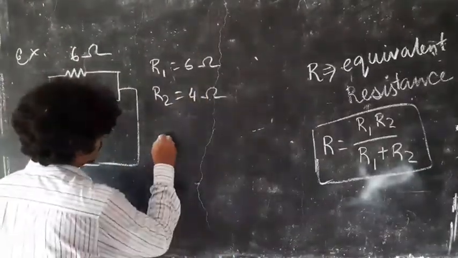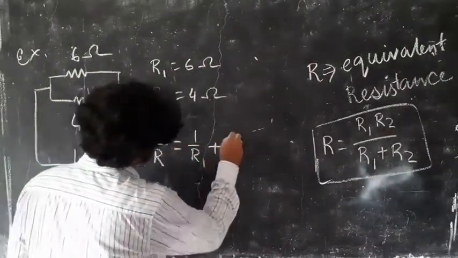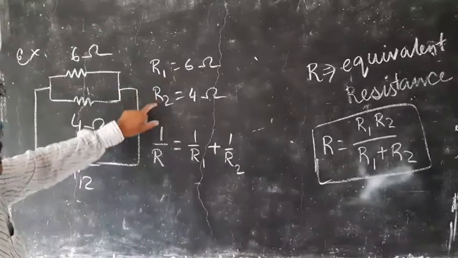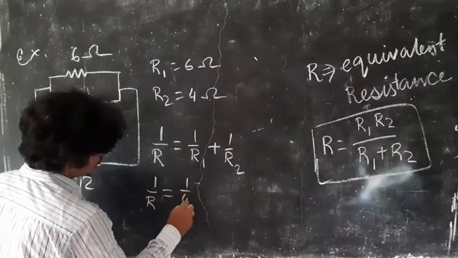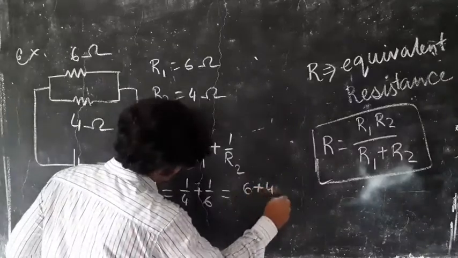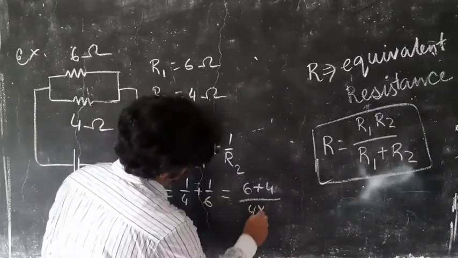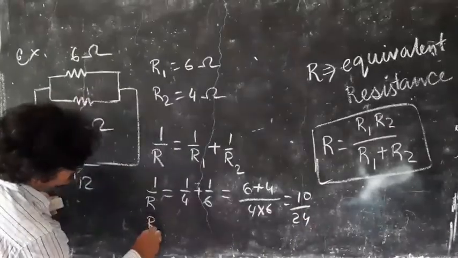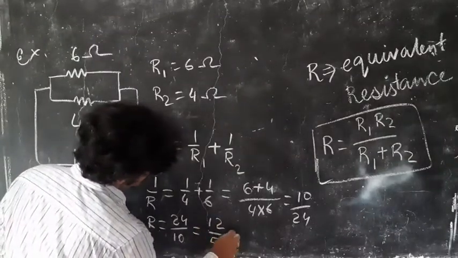Equivalent resistance was R. We know that 1 by R is equal to 1 by R1 plus 1 by R2. Now substitute the value of R1 and R2 in this equation. We will get 1 by R is equal to 1 by 4 plus 1 by 6. Simplifying we will get 6 plus 4 by 4 into 6, or we will get 10 by 24. So what is R? R is 24 by 10 or 12 by 5 ohm.